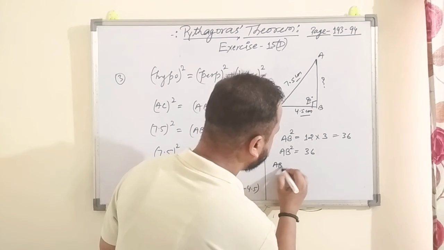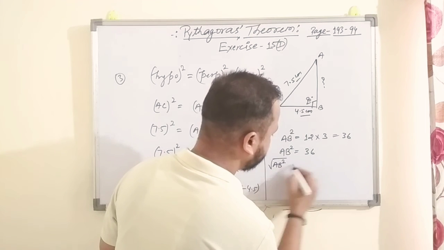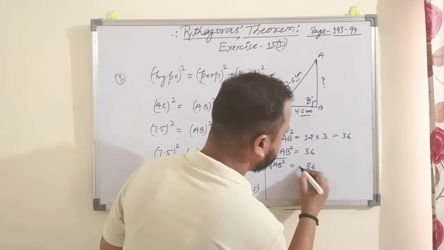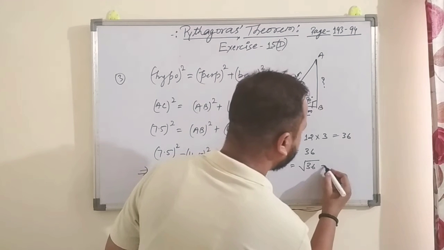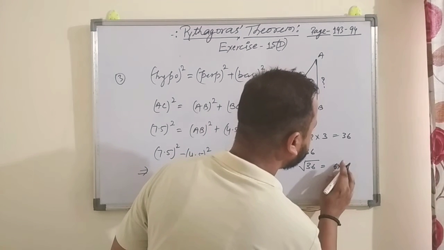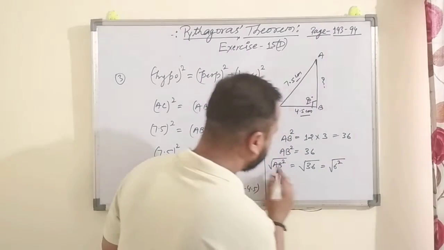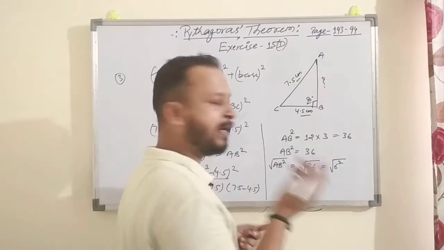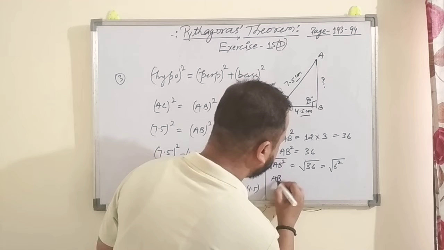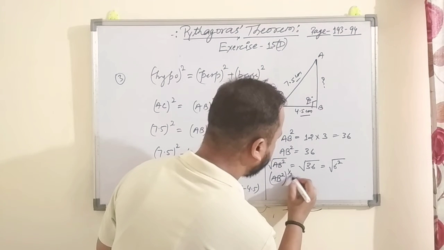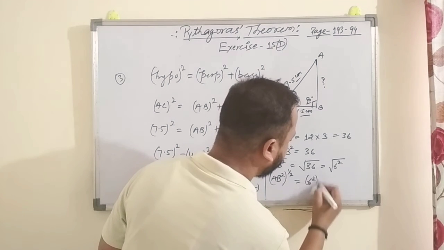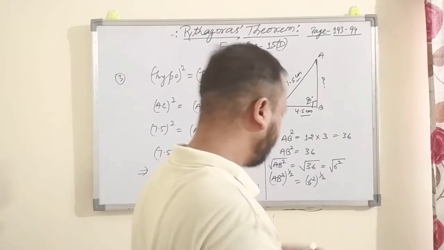So AB square under square root is equal to 36 under square root. So 36 becomes 6 into 6 or you can write it as 6 square, right? So this square root means power 1 by 2. So AB square power 1 by 2 is equal to 6 square power 1 by 2.